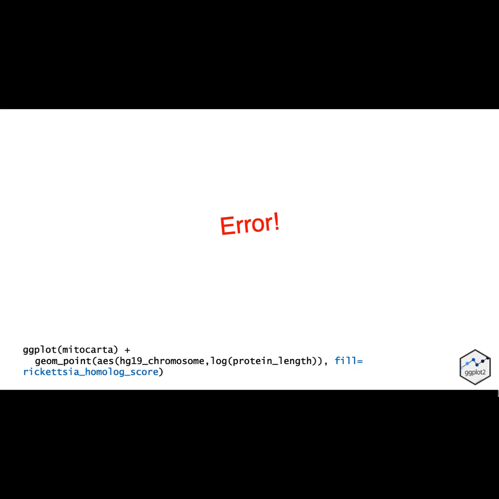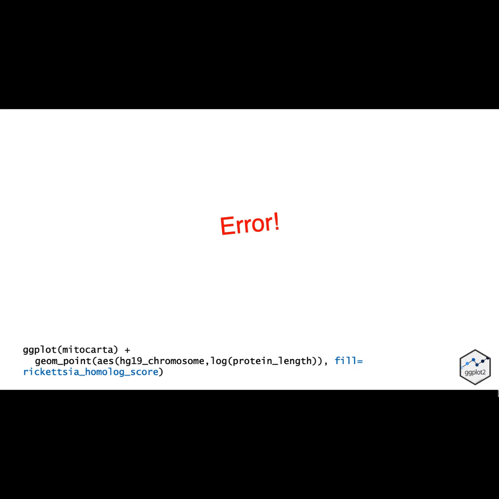Anybody else? Okay. So, this is an aesthetic, correct? We're changing an aesthetic. In this chunk of code, we have the aesthetic function and its parentheses. So what's wrong with this chunk of code?